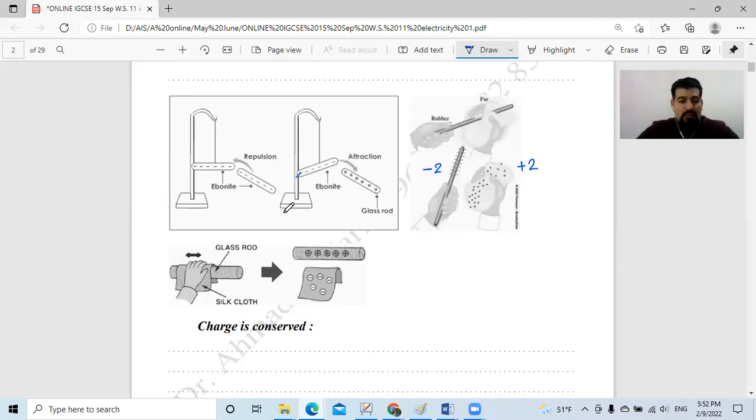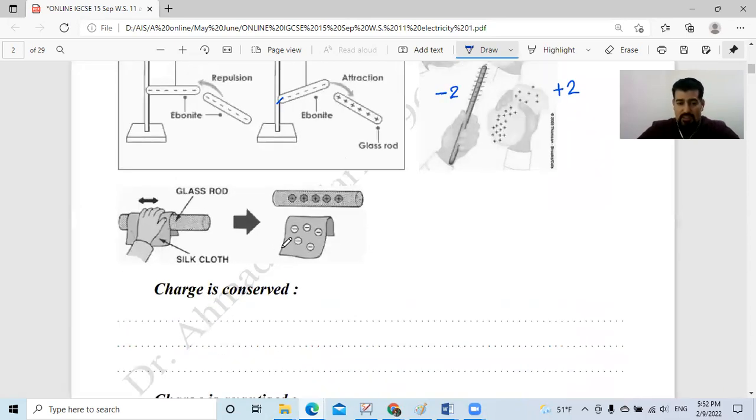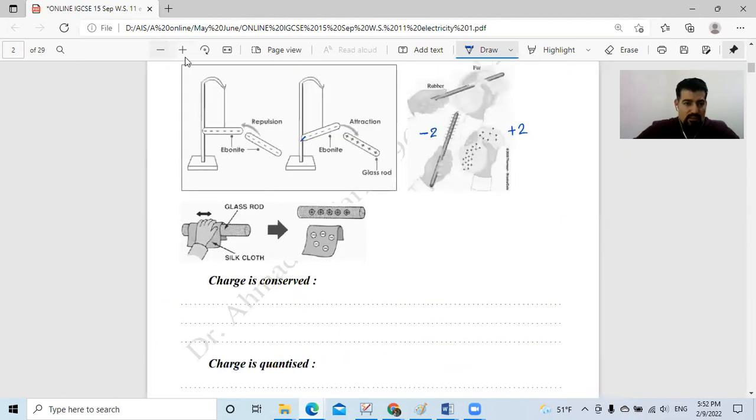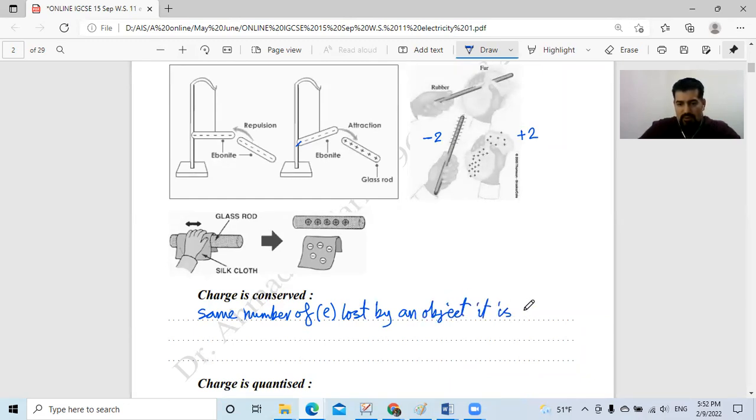Okay. Now, charge is conserved. This is the answer of what we were saying here. We said that the same number of electrons lost by an object is gained by another.